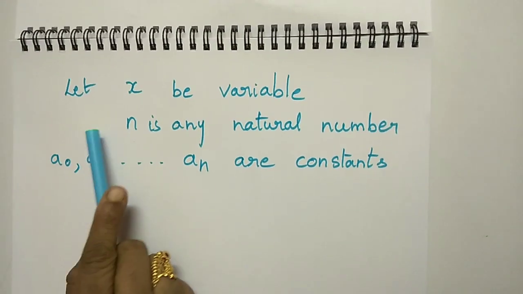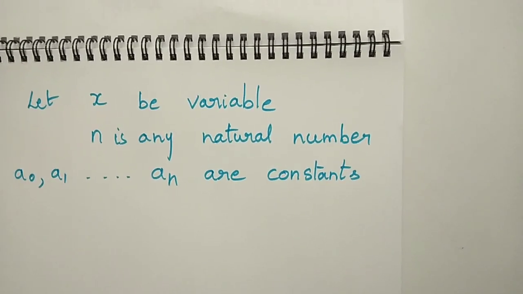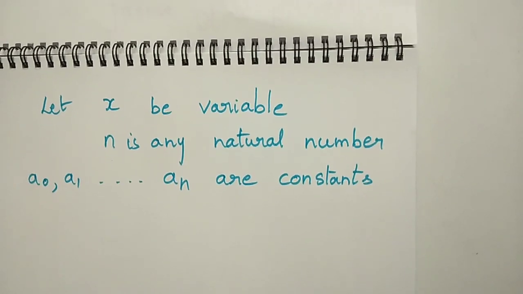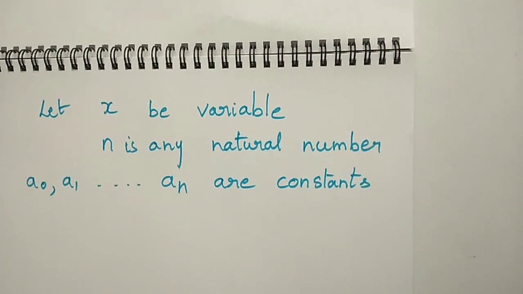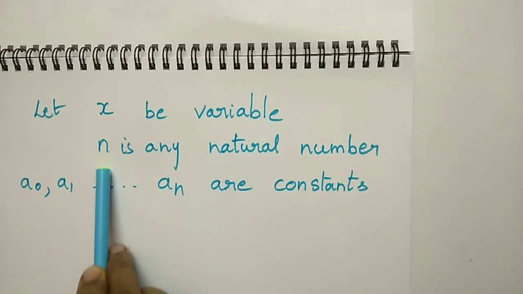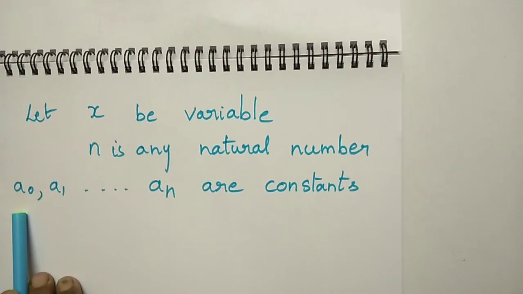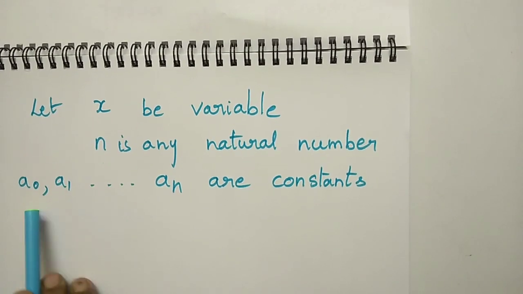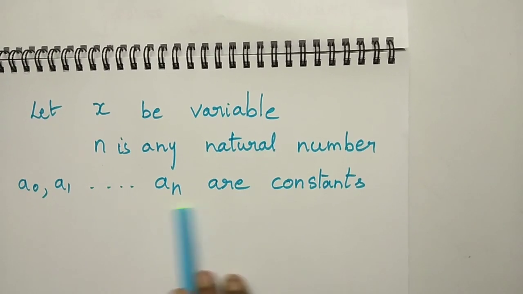If you want to write the general expression of a polynomial of degree n, 3 things should be in our hands. One is a variable, let it be x, and the other is a power, let it be n, and we should have coefficients. Let a0, a1, so on up to an be the coefficients.